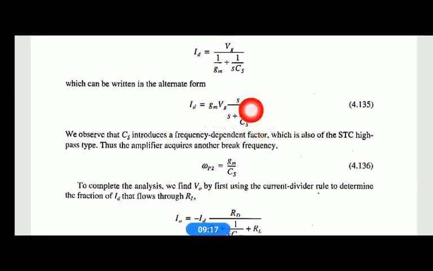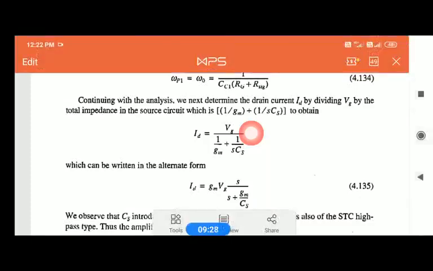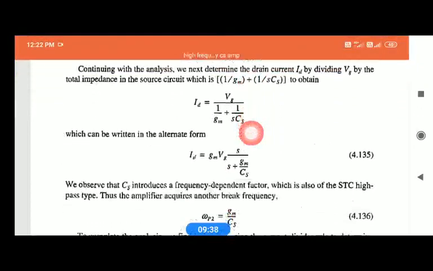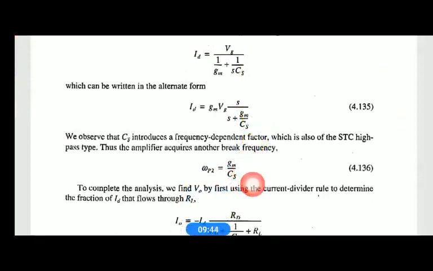So here this will represent omega naught, which is Gm by Cs, and it is taken as omega p2. Omega p2 is the angular cutoff frequency due to the capacitor Cs.